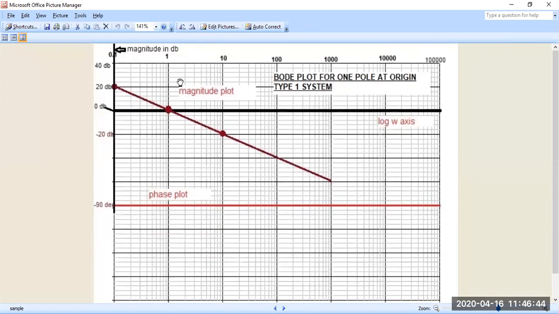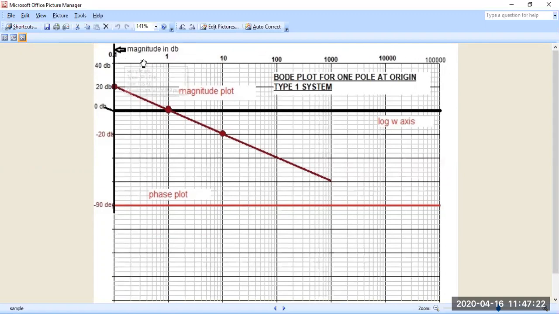For magnitude plot, this is the y-axis and the magnitude is always given in dB. So the first magnitude is 0 dB. You can see a 0 dB line in black here, right? And this x-axis is called the log omega axis and the y-axis is called magnitude in dB. Magnitude in dB, which is 0 dB, 20 dB, 40 dB and so on. And omega, that is log of omega, will vary as 0.1, 1, 10, 100, 1000, 10,000, 1 lakh.